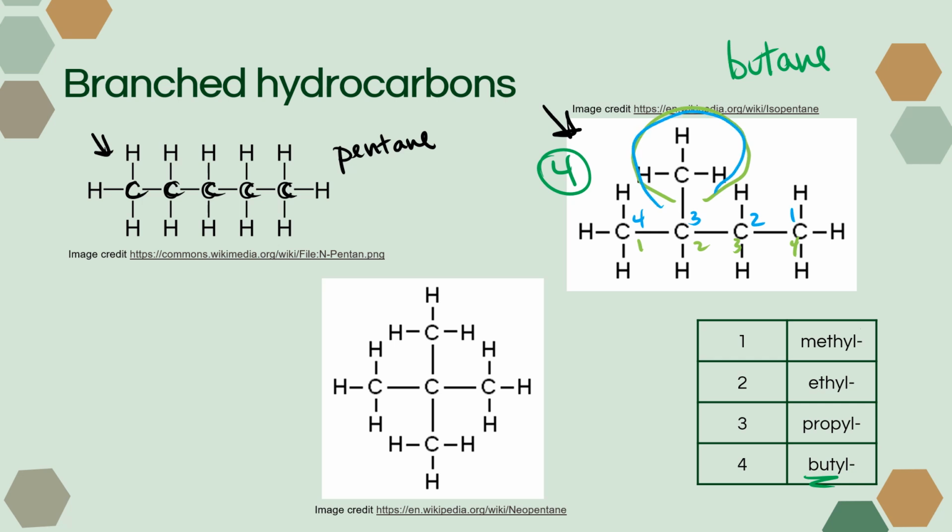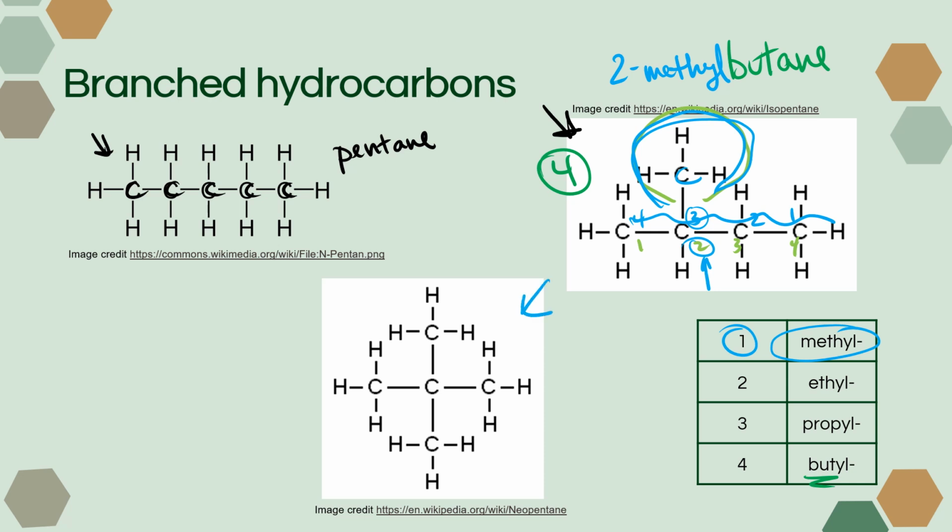We're going to call it a methyl group because it has 1 carbon in the branch. Should I call it 2-methyl or should I call it 3-methyl? Again, we always start closest to the end. So I'm going to use 2-methylbutane. I've got a methyl group, a 1 carbon branch on this butane molecule.